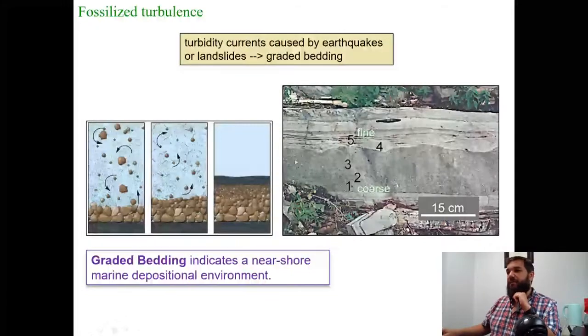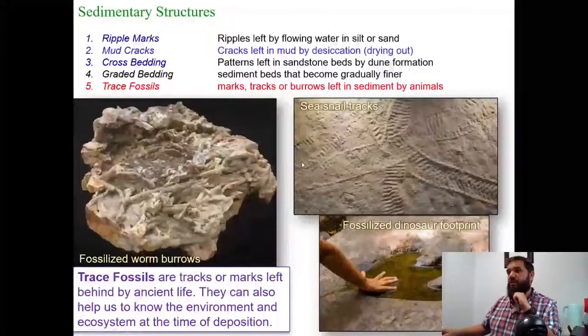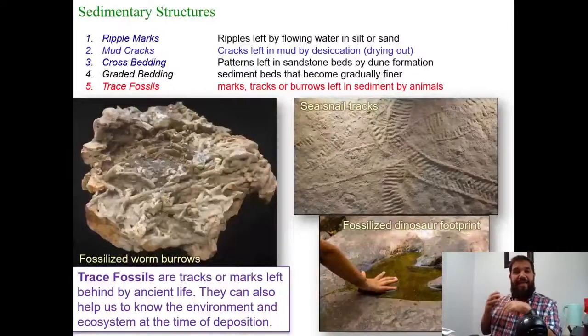The final thing we can talk about here is trace fossils. Trace fossils are marks, tracks, burrows, things that are left over by life. So snail tracks, fossilized dinosaur footprints, fossilized worm burrows, all sorts of things. They're little imprints left over from life.